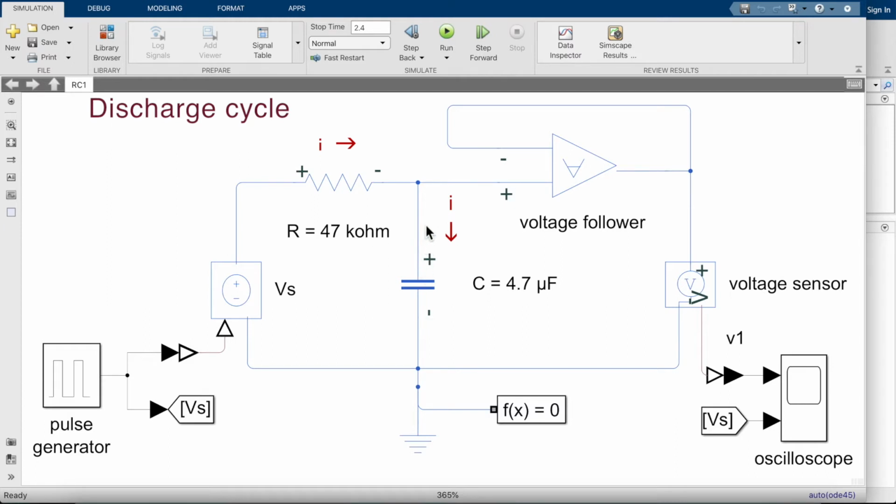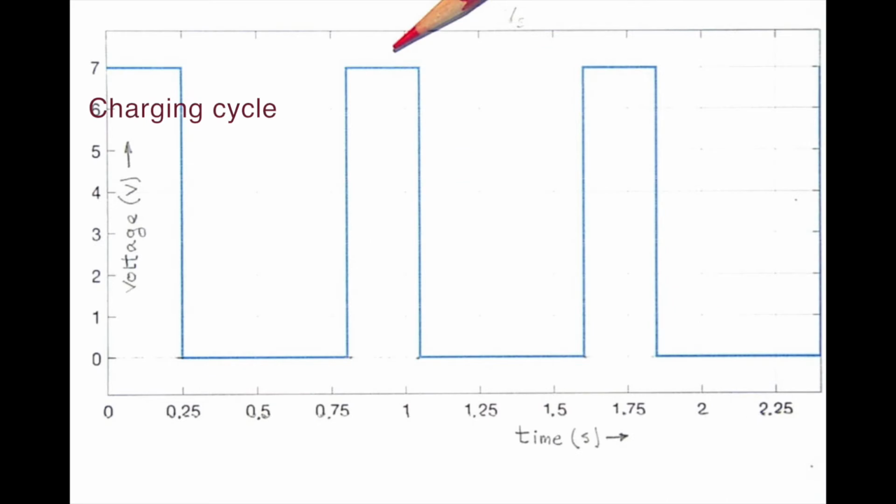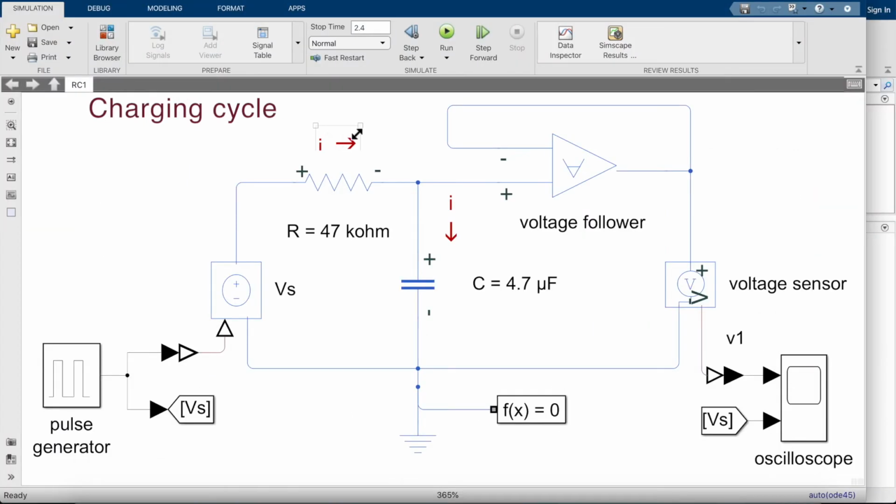But it never gets there because we go into the next phase of the pulse generator, which is the charging phase, and that will cause the current I to reverse back to be positive, and will start building up the charge on the capacitor once again, raising the voltage on the capacitor. Therefore, it rises and falls during each phase of the pulse generator.